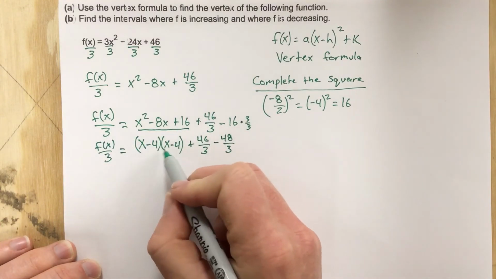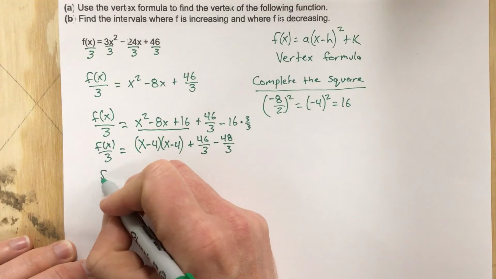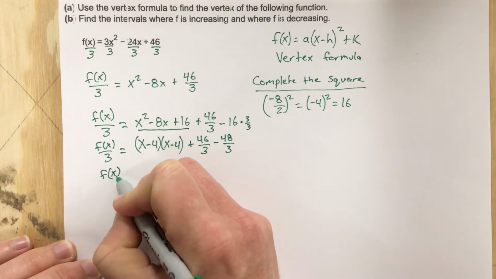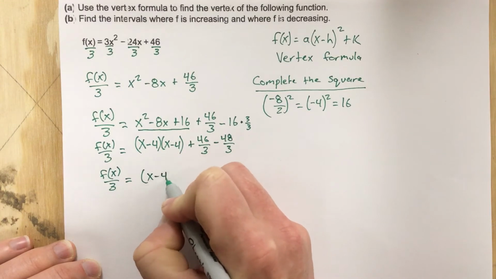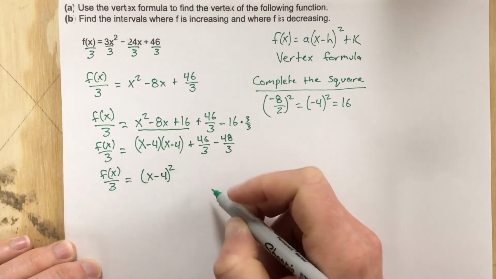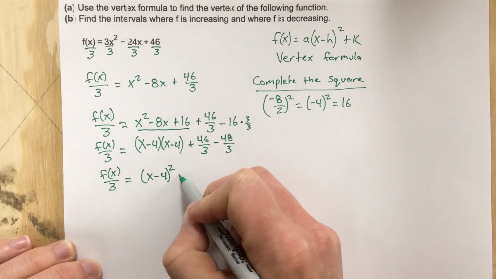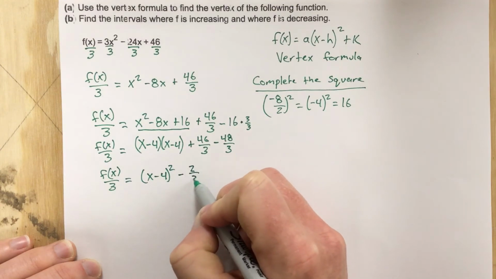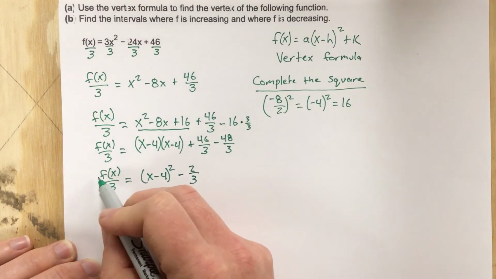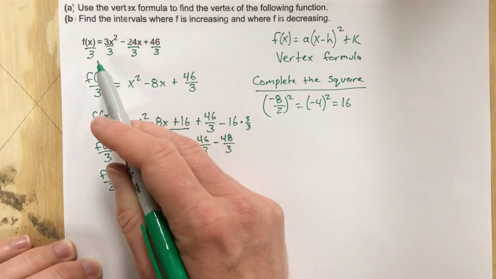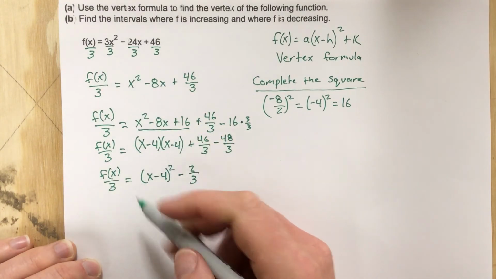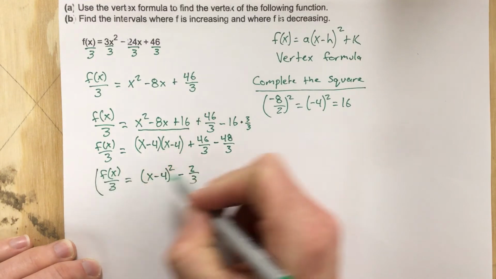This will give you x minus 4 squared, so I have f of x over 3 equals x minus 4, because there's 2 of them being multiplied, that's x minus 4 squared. When I combine those constants, I get minus 2/3. Last step is just to multiply the entire equation back by the 3, since I divided it out to begin with. At the end, I'm just going to multiply it back in after I've done my manipulations.